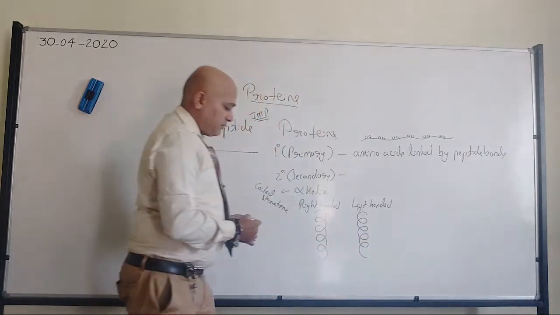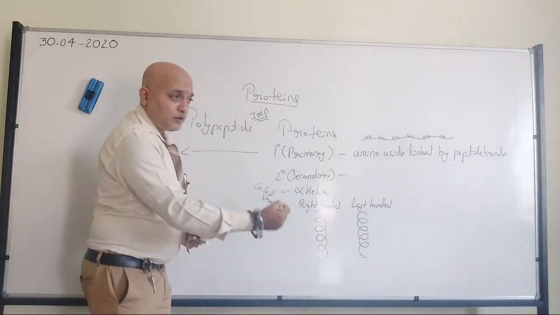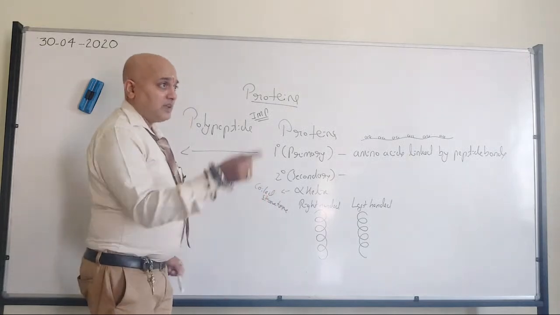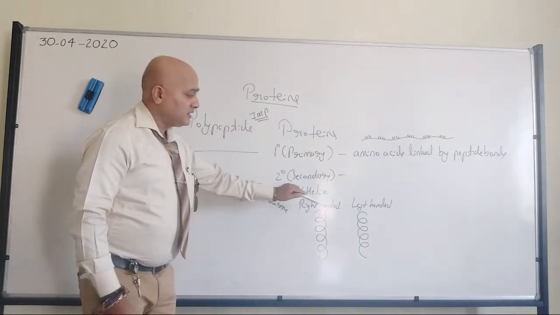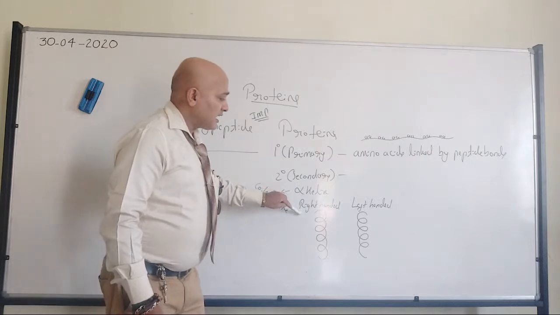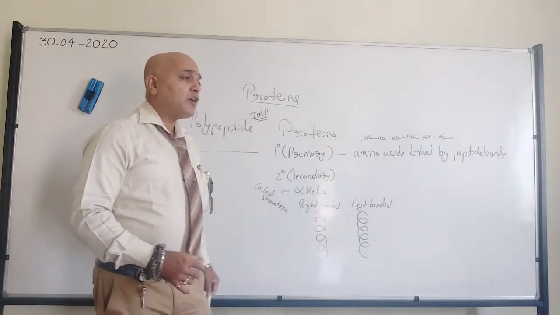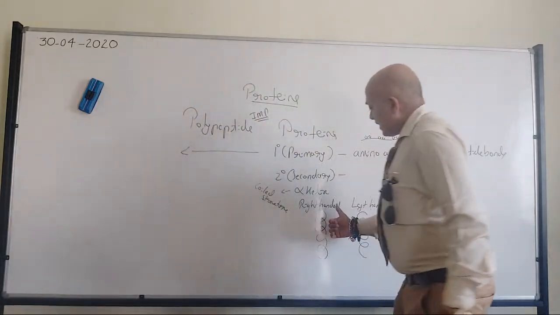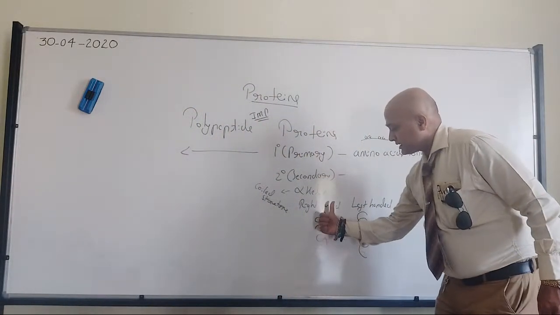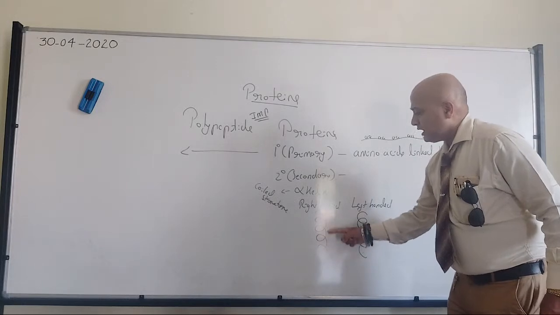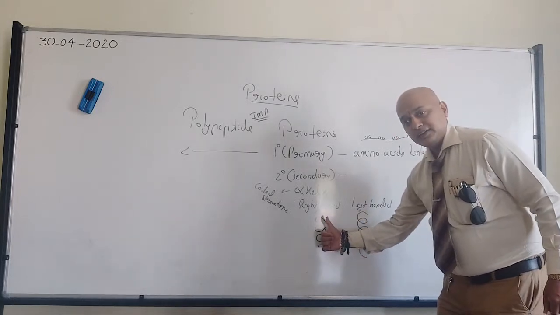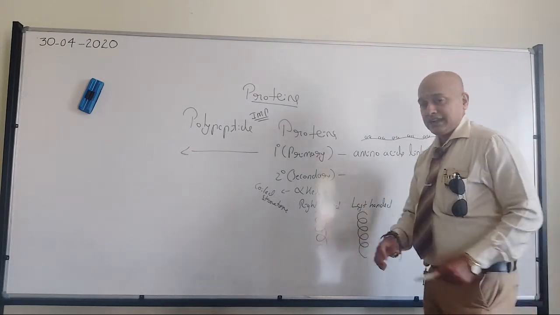I will rotate my pen in an anti-clockwise direction, reverse, right? So that's where I am having right-handed and left-handed. So why have they called it this? Because if I hold my right hand, the helical structure will go in the upward direction, so therefore it is called right hand.